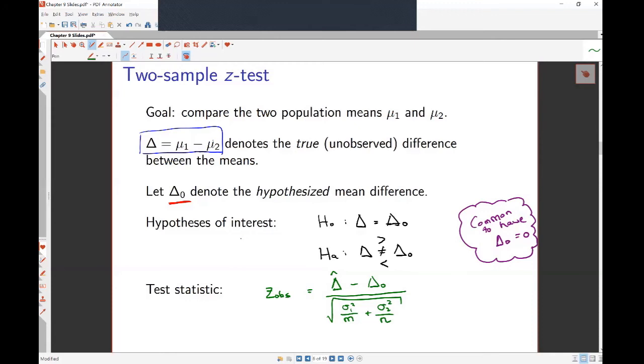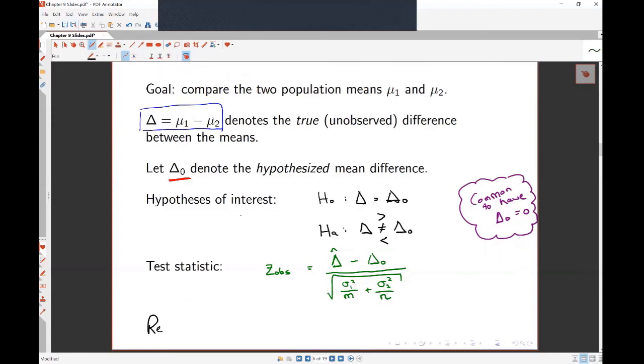So in the denominator there, that's where we take account of the two underlying population variances. And the distribution that we use as a reference here is our standard normal distribution. So whatever the z observed statistic is, we'll evaluate where that lies on a normal curve.